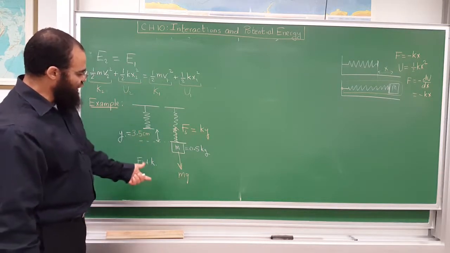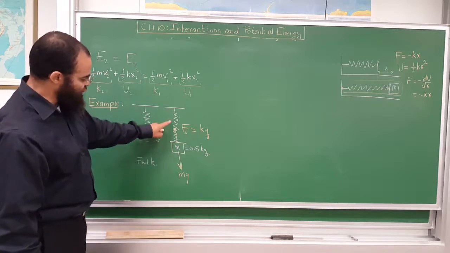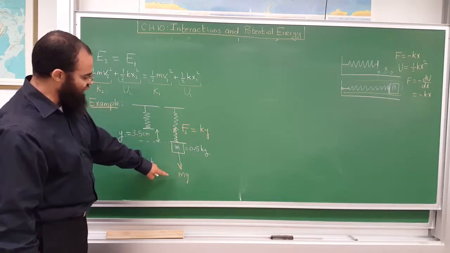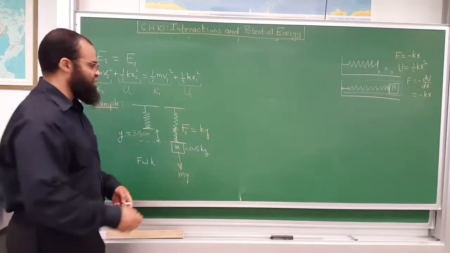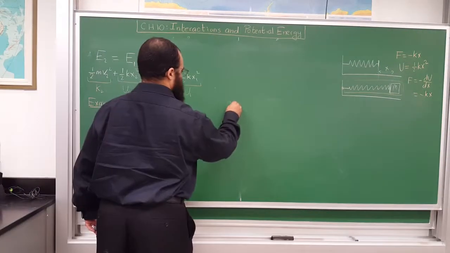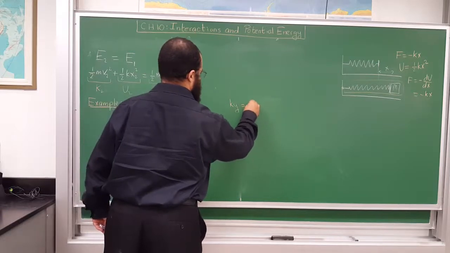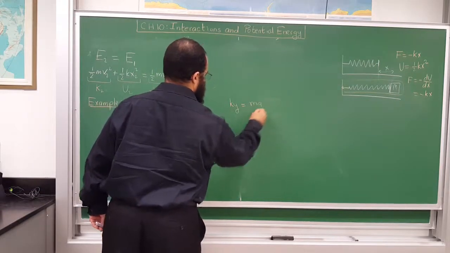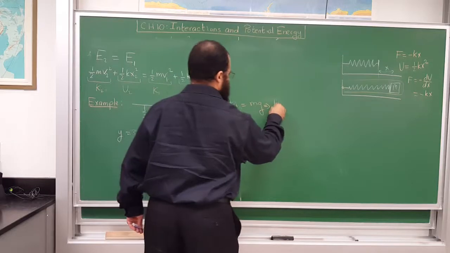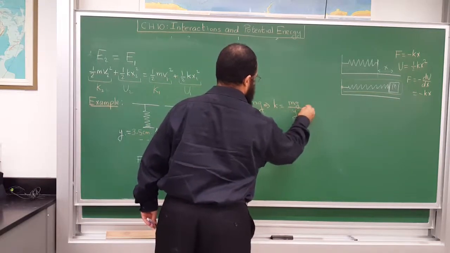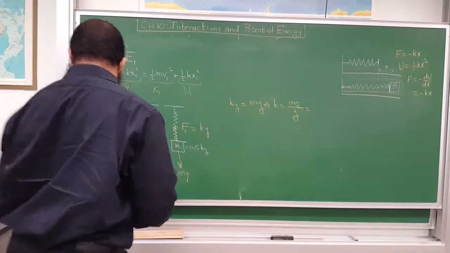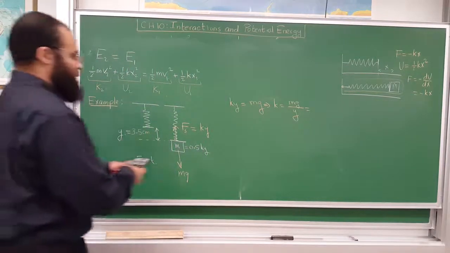So I conclude that the net force is equal to 0. That means the force upward and the force downward have to be equal to each other. And therefore ky will equal mg, and therefore k will be mg divided by y. Let's calculate this force constant of the spring.